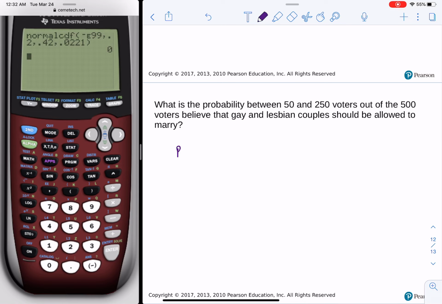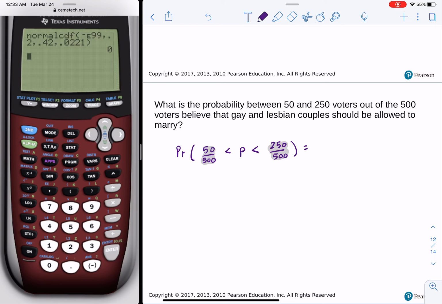So what we want to find is the probability that 50 out of the 500 is less than the proportion, which is less than 250 out of 500. So the proportion has to be between this value, which is 50 out of 500, and that value, 250 out of 500.